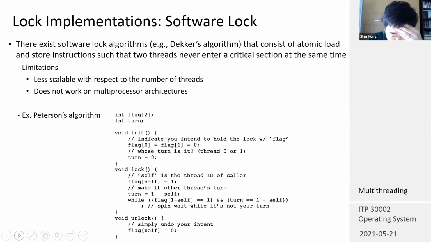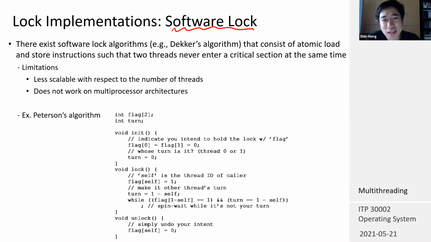Second approach is very interesting, called software lock. Two slides back, I told you that with the ordinary read and write instructions, it is impossible to achieve mutual exclusion. That's actually incorrect.